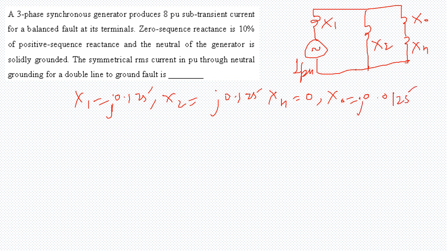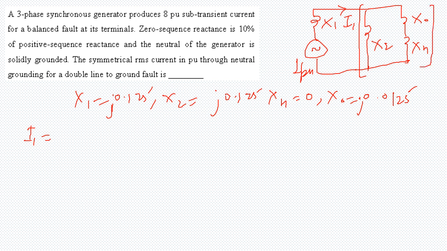Now once we have that, we can calculate the current I1, which is the positive sequence current. It is a simple KVL equation. We can find the equivalent impedance for these two parallel paths.